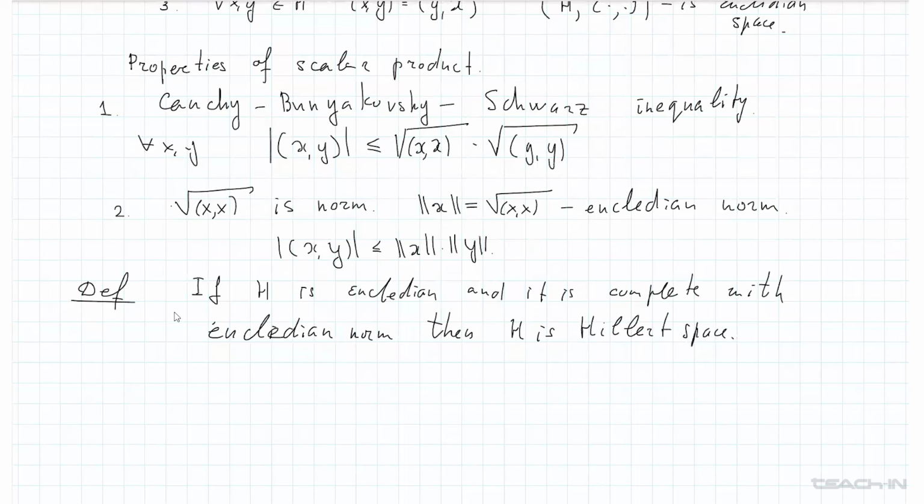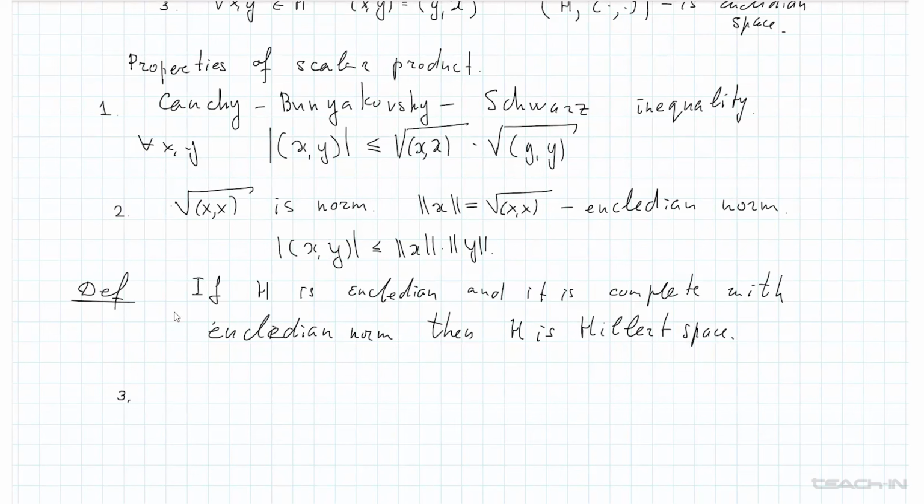So it is a particular case of Banach space, but the norm has some additional property, not only the Cauchy-Bunyakovsky inequality. I just remind you of some typical other properties of this norm.